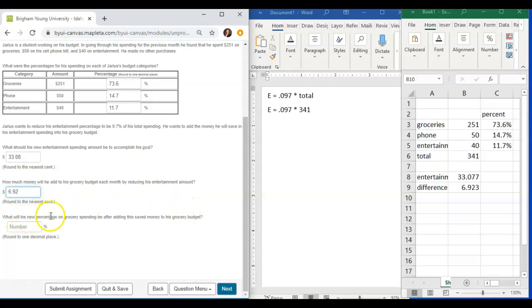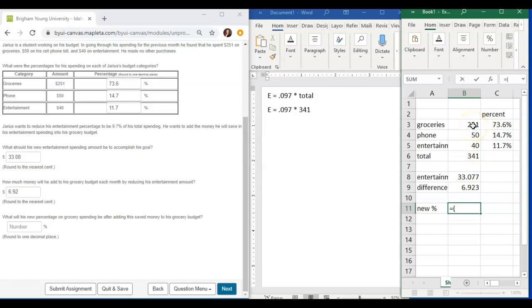And last, what will his new percent on grocery spending be after adding the saved money to his grocery budget? So we need to find the new total for his groceries, and we have two different ways of doing that. I'm going to show you the longer way, and then I'm going to show you the benefit of using Excel. So the first thing I'm going to do is equals, we want to find the new percent. We want to find the new total first for groceries, and we're going to add those together.